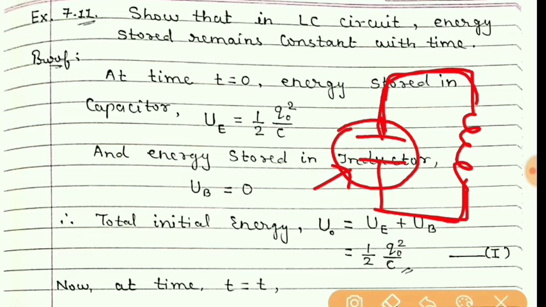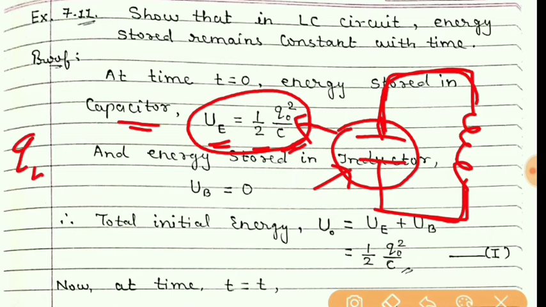So as the capacitor is fully charged, the energy stored in the capacitor at time t is equal to 0 is given by Ue is equal to half of q naught square by C. Here q naught is used. Q naught means it is maximum charge. Sometimes we use qm, sometimes we use q naught, means initial charge, that is maximum charge.